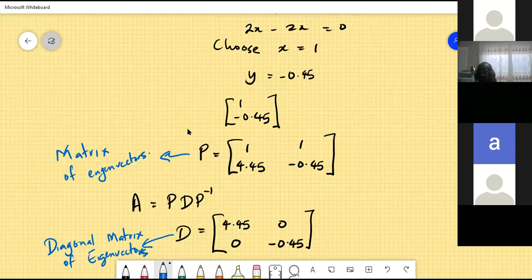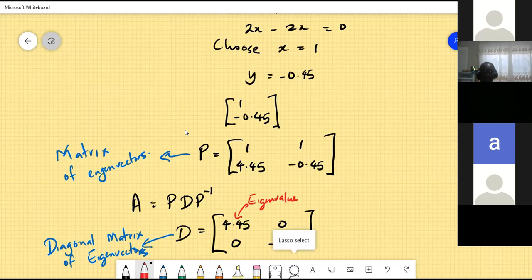So our D, this is one of the eigenvalues. So it's a diagonal, so each of these is an eigenvalue. And this is an eigenvector.